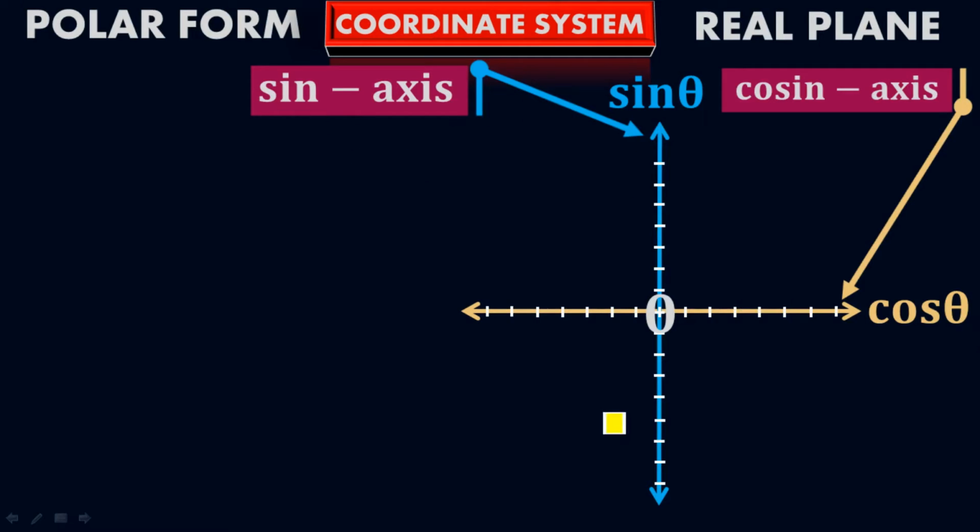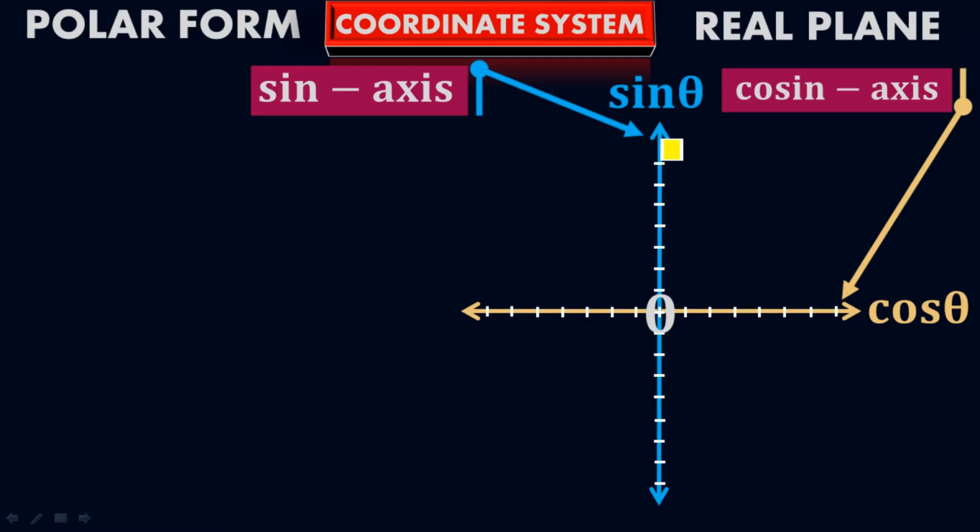Look, when you compare the polar form with the Cartesian form of the coordinate system, there's a big difference. For the Cartesian coordinate system in the xy plane, this horizontal line is the x-axis, represented by x. This vertical line was the y-axis, represented by y. That was for the xy plane in the Cartesian coordinate system.